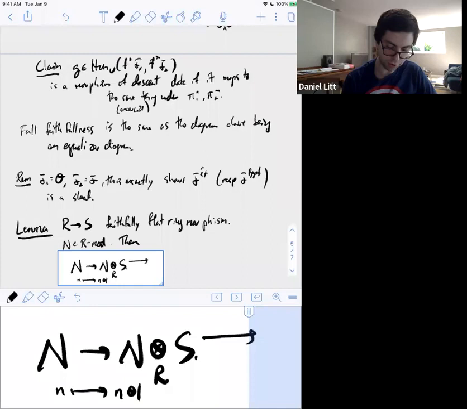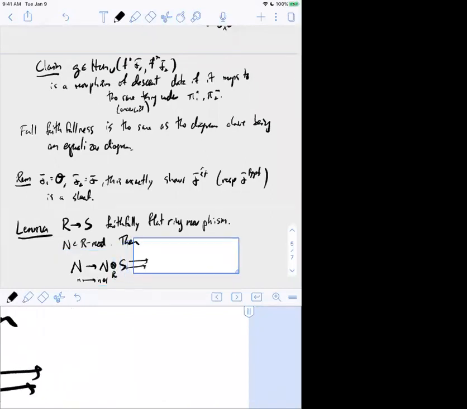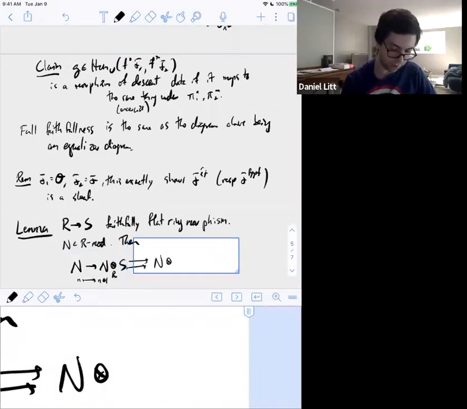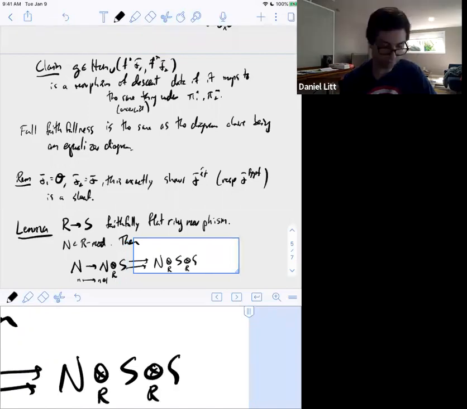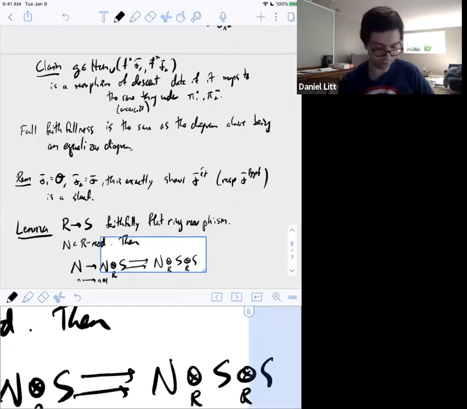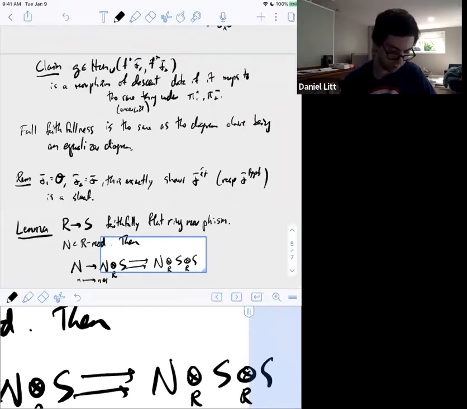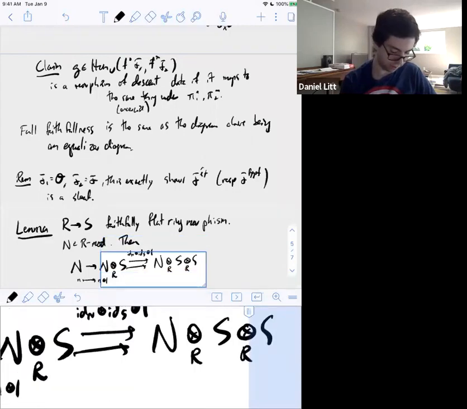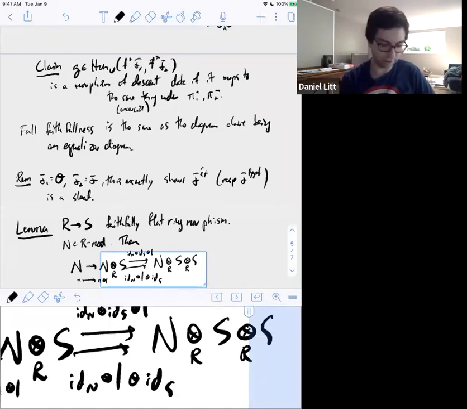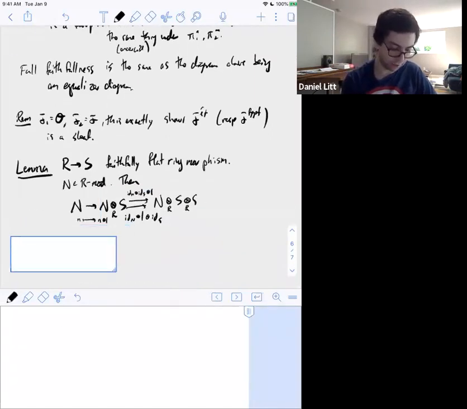And then this maps in two different ways to N tensored with S, tensored with S, where again all the tensors are taken over R. The maps are identity on N tensor, identity on S tensor 1, and identity on N tensor 1 tensor identity on S. The claim is that this diagram is an equalizer diagram.